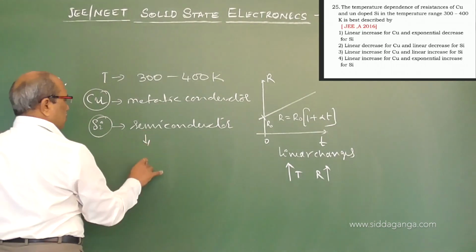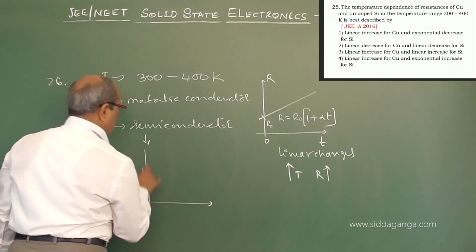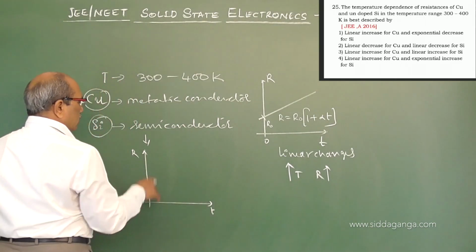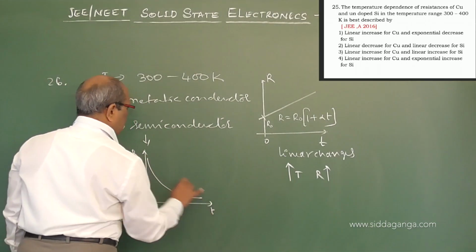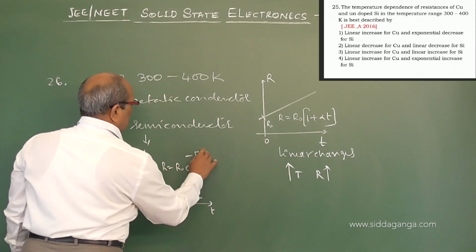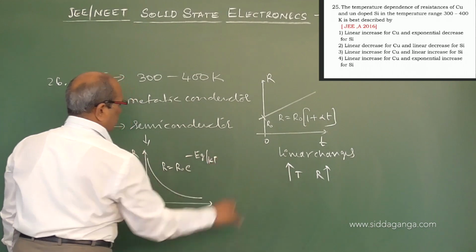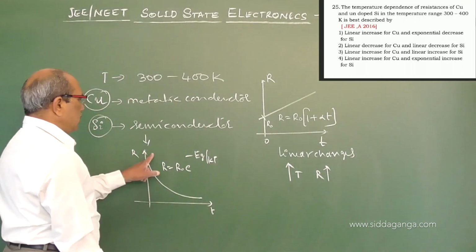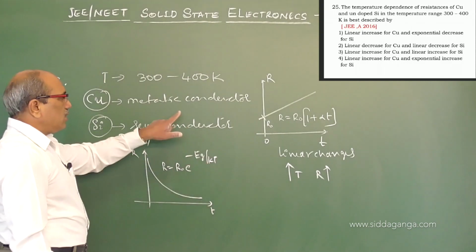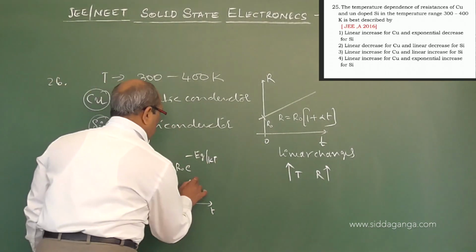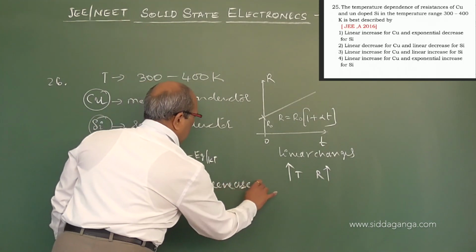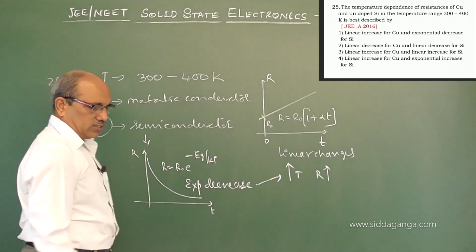Whereas coming to the semiconductor, if you take resistance or resistivity with temperature, resistivity goes on decreasing with temperature. R is equal to R naught into e to the power of minus Eg by kT. So there is an exponential decrease in the resistance of the semiconductor as the temperature increases.